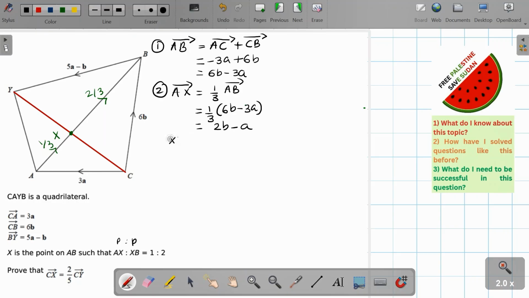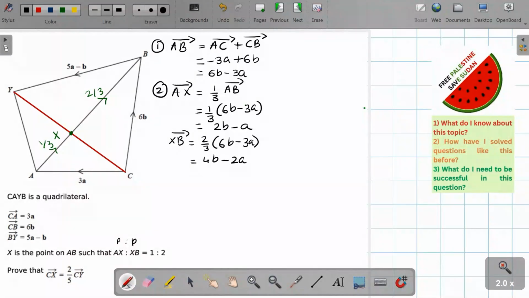And similarly, XB is going to be 2/3 of 6b minus 3a. So 2/3 of 6b, 6 divided by 3 is 2, 2 times 2 is 4, and then this will be minus 2a. Minus 3 divided by 3 is minus 1, minus 1 times 2 is minus 2.